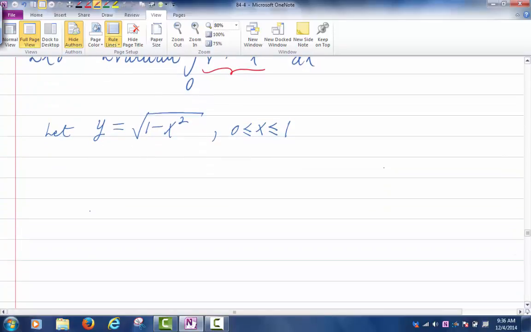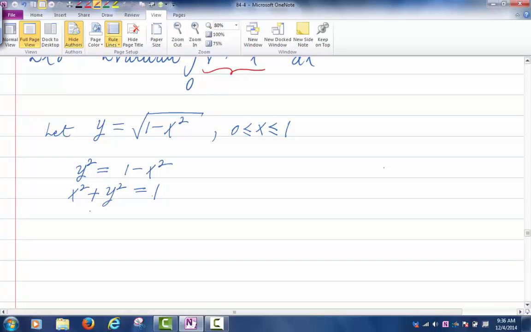Let's square both sides. So I get y squared is 1 minus x squared. Do you know what's the graph now? What is it? Circle. So this is x squared plus y squared is equal to 1, right?